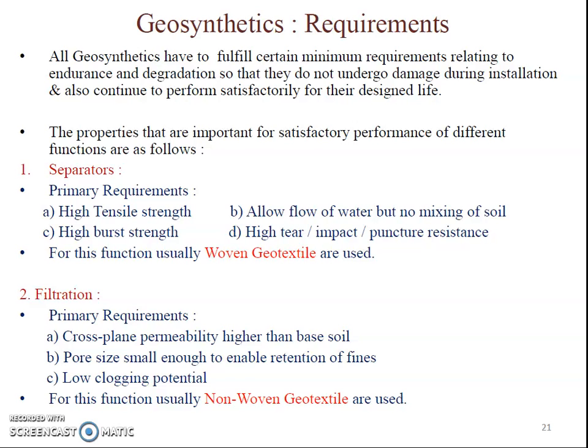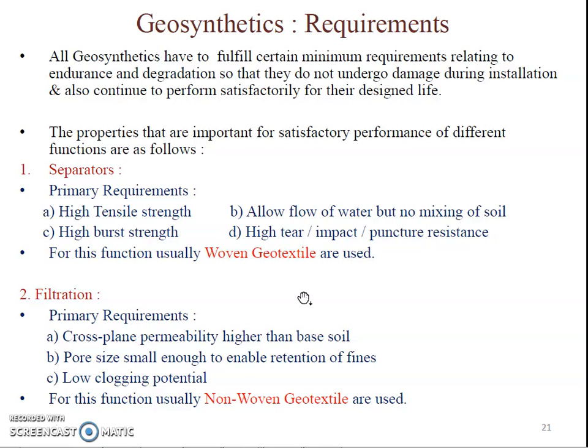Then the pore size should be small enough to enable retention of fines. What will happen if we use it as a filter? Most of the time the soil gets mixed from one layer into another. To avoid this, the pore size should be small.